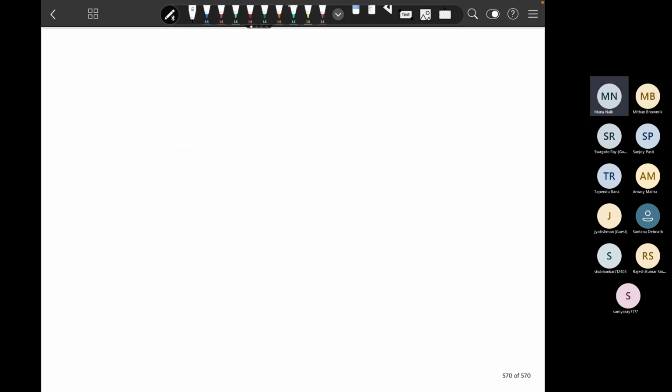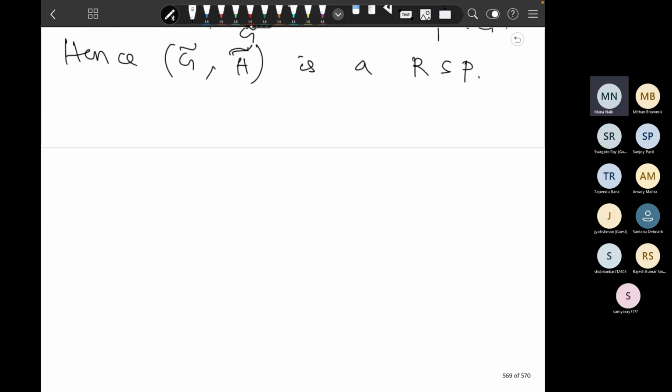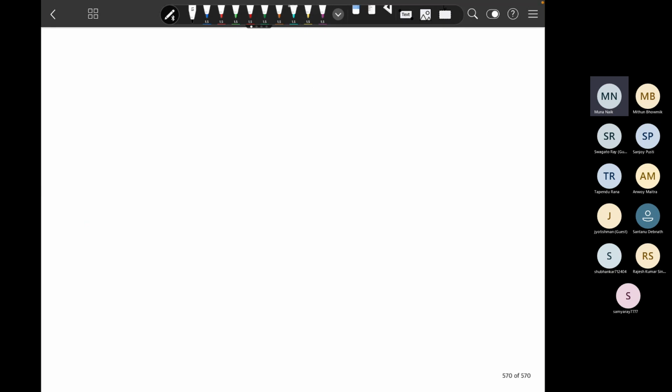pair. Also, this is a Riemannian symmetric pair, and so G tilde, H tilde is a Riemannian symmetric pair. G tilde mod H tilde is a Riemannian symmetric space. Now this alpha from G tilde by H tilde to G is a diffeomorphism.